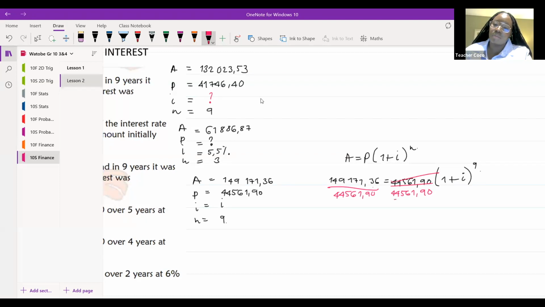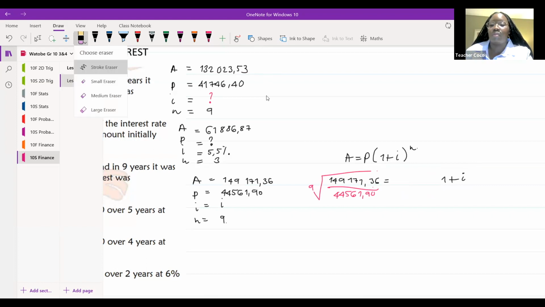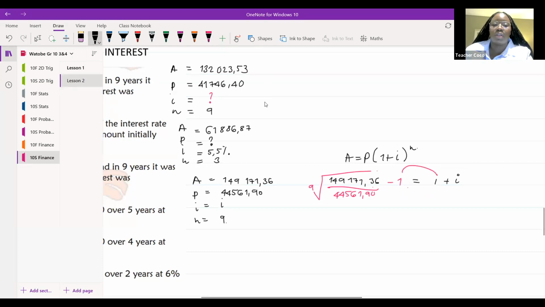And then we're going to do the root 9. Good. And then you carry over the 1. Excellent.